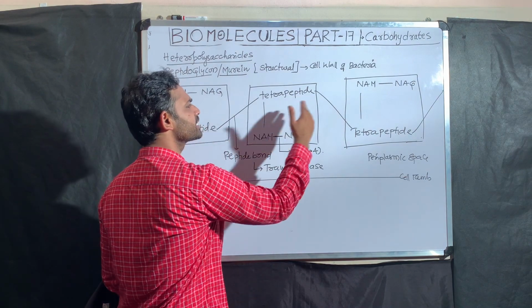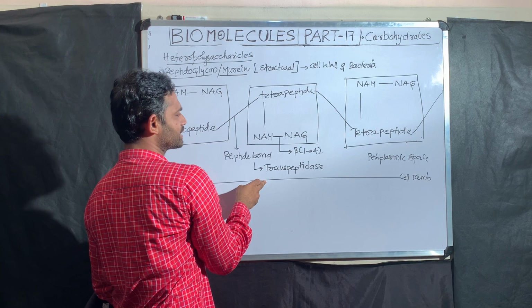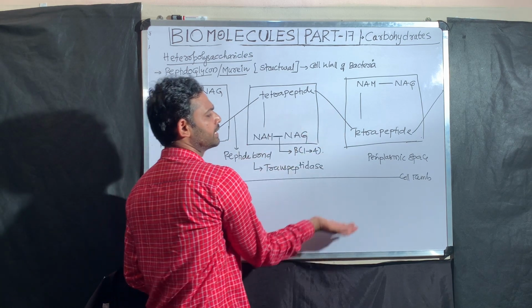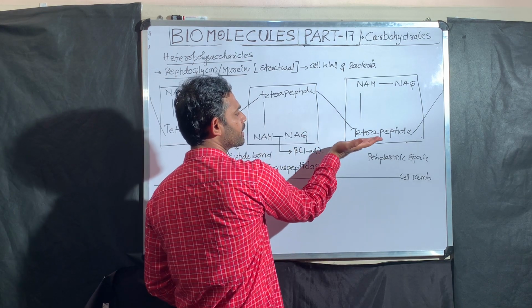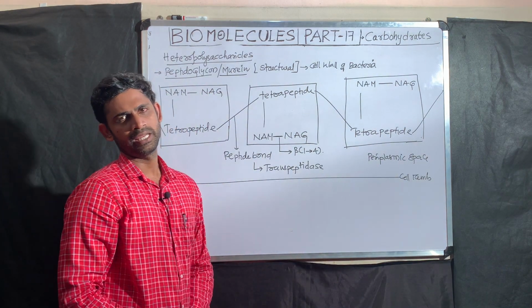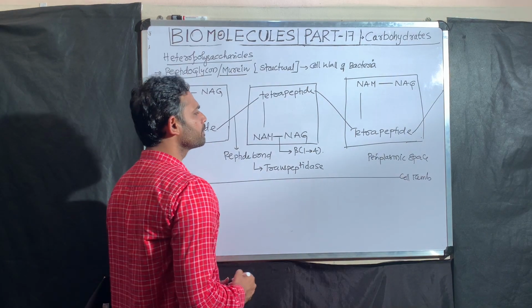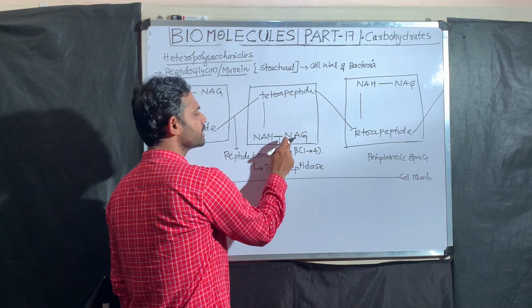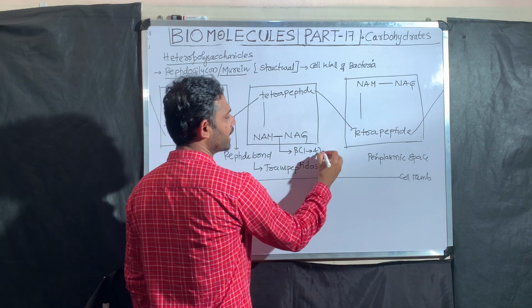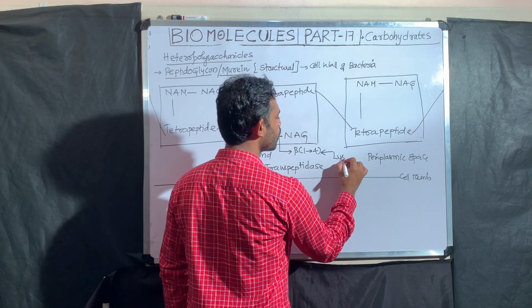As we know, this is the cell wall present outside the cell membrane. So in the cell, this is the cell membrane, this is the cell wall. The space between the cell membrane and cell wall is called the periplasmic space. The important point to remember is that the beta 1,4 glycosidic bond between NAM and NAG is broken down by the enzyme lysozyme.